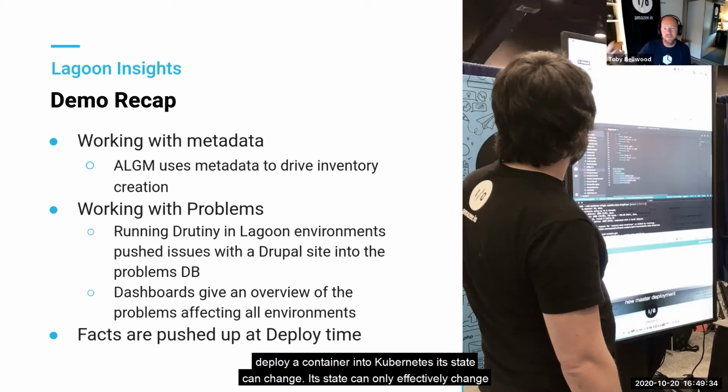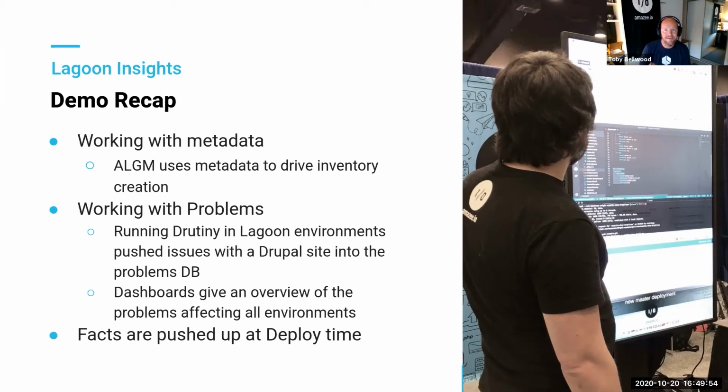Its state can only effectively change at deployment time. So at that deployment time, what we'd really like to do is be able to harvest the pertinent facts from that site.